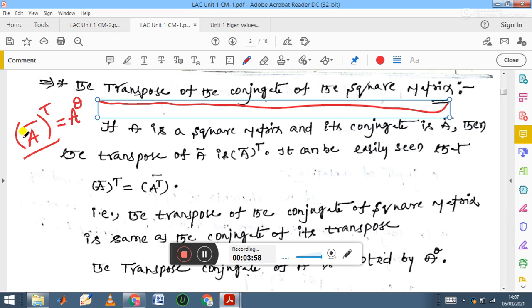So A bar whole transpose equals A transpose whole bar equals A power theta. You can use any symbol, it gives the same meaning.